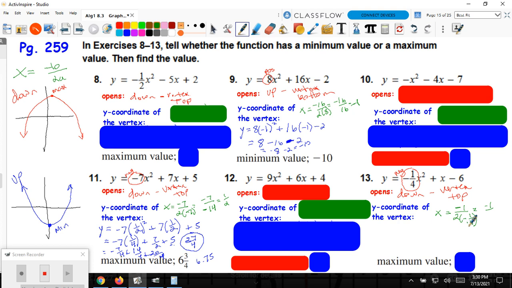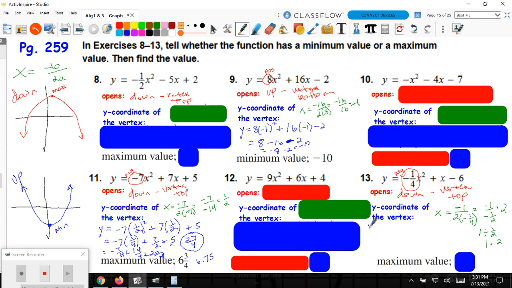We can cross cancel, and that's going to be a negative 1/2. So we know it's a positive number, and we can just flip this upside down. It's going to be positive 2. Remember I said this before. We could have said 1 divided by half, which is the same thing as saying 1 times 2 over 1, which is 2. So it's just going to be 2. So 2 is what we got to plug in.